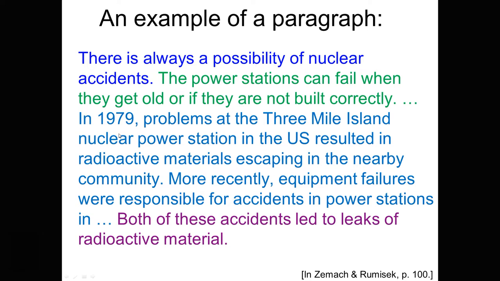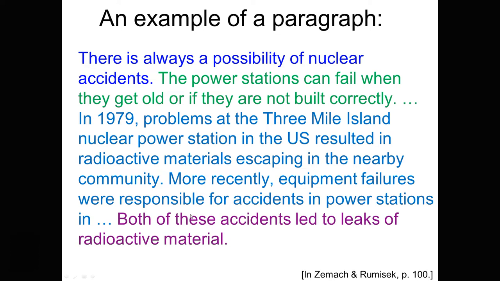You can see in the blue down here, in 1979, problems at the 3 Mile Island nuclear power station in the US resulted in radioactive materials escaping in the nearby community. So that's also providing evidence to back up what's being said in the topic sentence. You can see at the bottom here, though, this is a concluding sentence, which says both of these accidents led to leaks of radioactive material.